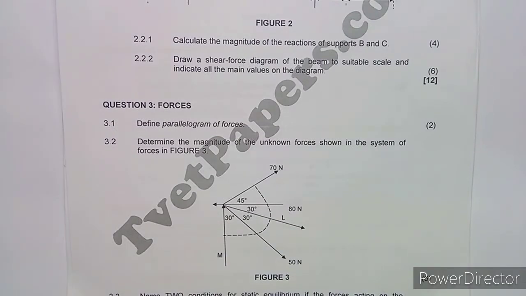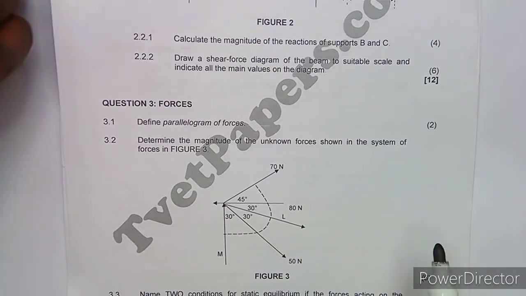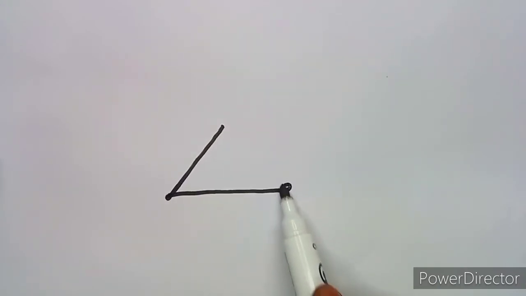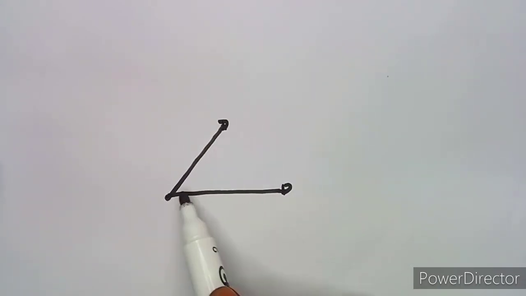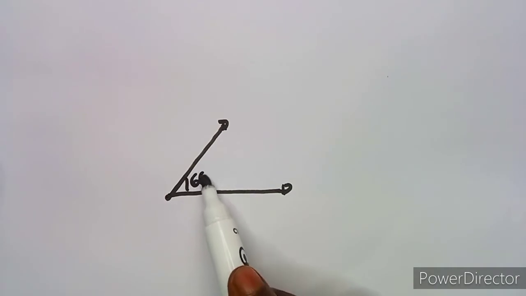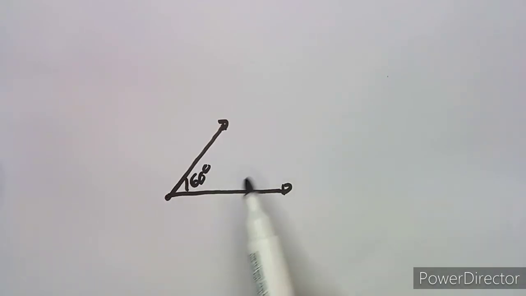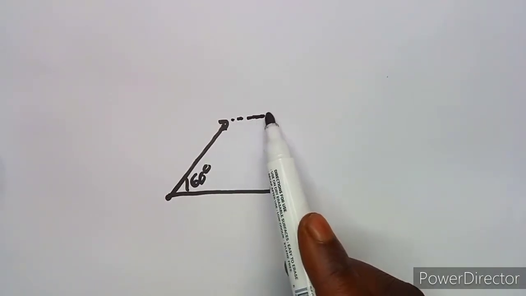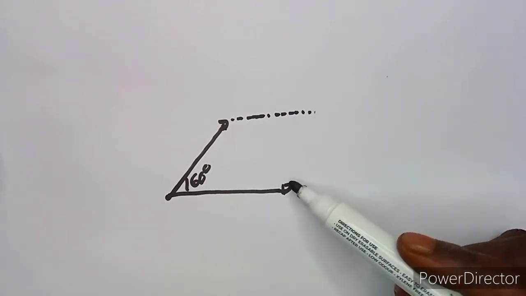Remember, guys, I just want to explain this concept so that you understand how to apply it. You will be given maybe 2 forces like this, acting at a certain point, and a certain angle, maybe 60 degrees. So you formulate a parallelogram like this by joining.